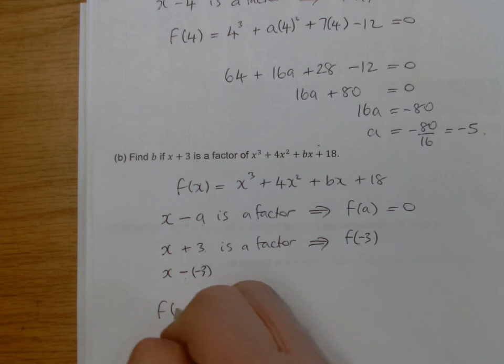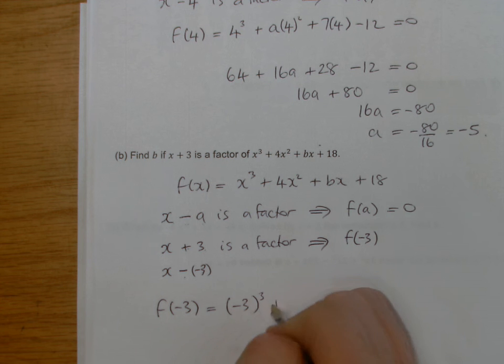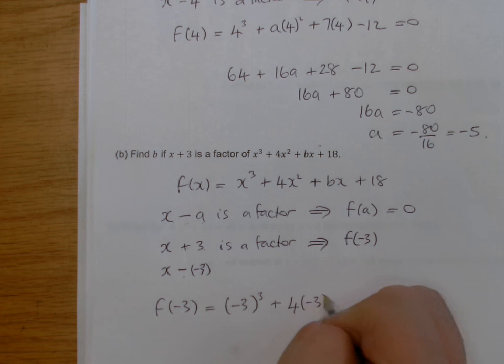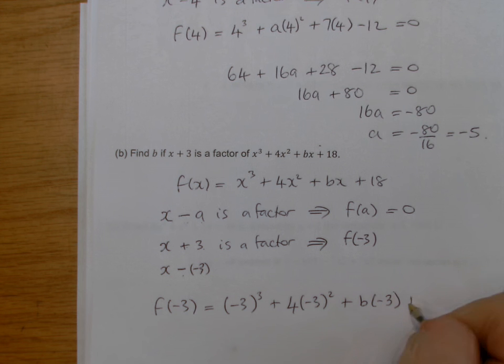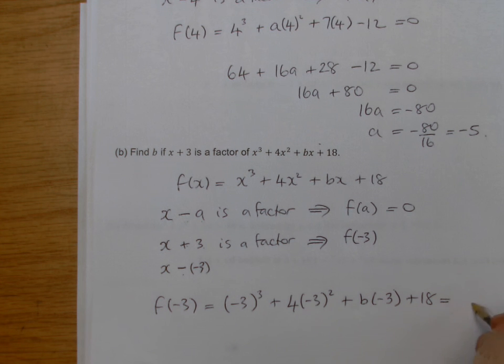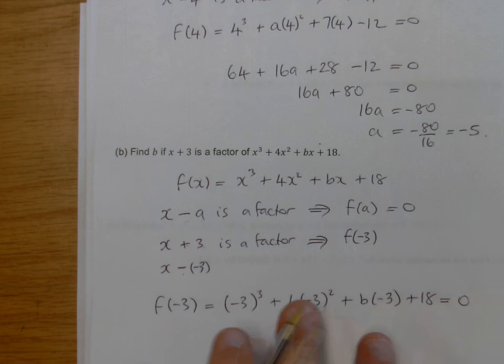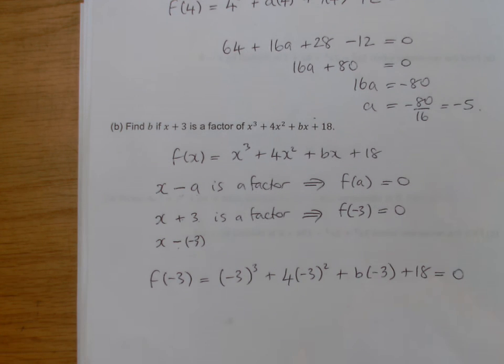So negative 3 is what we want to substitute in, right? So f of minus 3, if I put that in, I get minus 3 cubed plus 4 times minus 3 squared plus b times minus 3 plus 18, and that will equal 0, because it's a factor. Okay, so the remainder is 0.